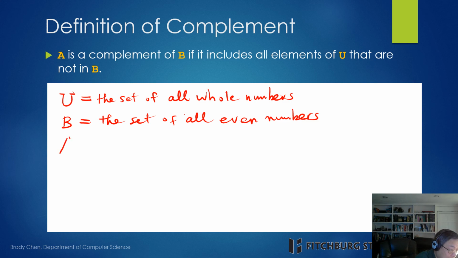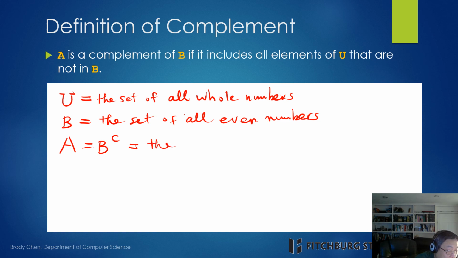Let's say A is the complement of B. A should contain all the elements of U that are not in B, so A should contain the numbers that are not even numbers.